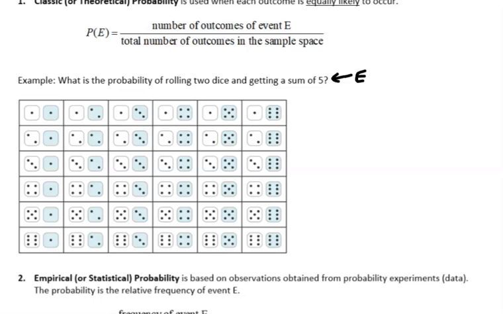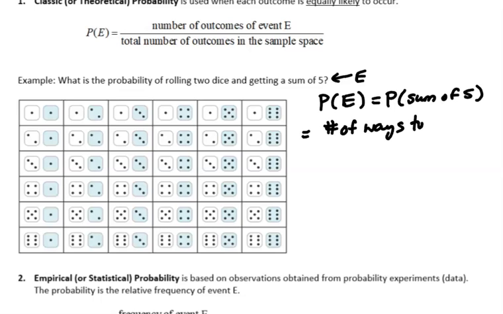We're going to say the probability of E, which is the probability of the sum of 5, equals the number of ways to roll 5 over the number of 2 dice rolls.